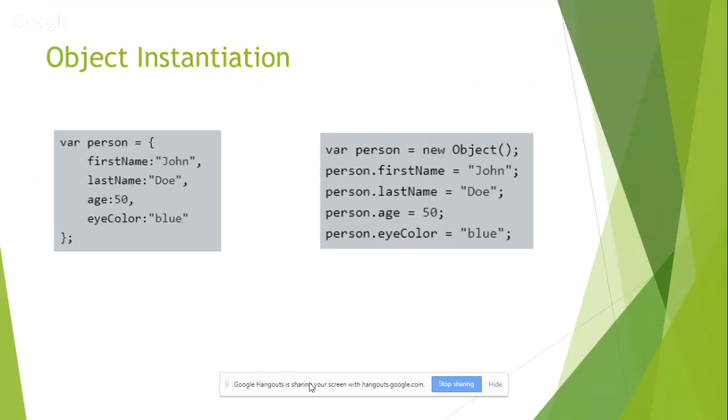You could also do a combination of the two, where you instantiate some of the properties like on the left-hand side, and then add some later, like the right-hand side. So it's flexible in that way.